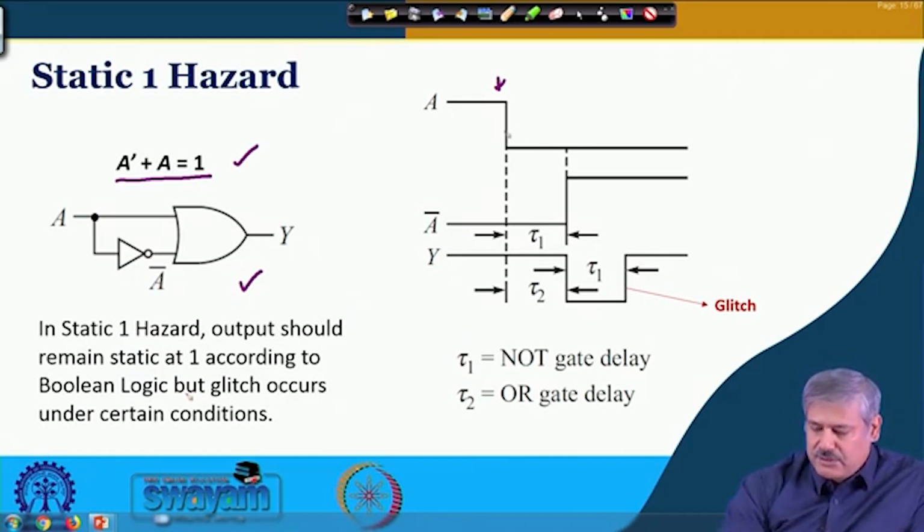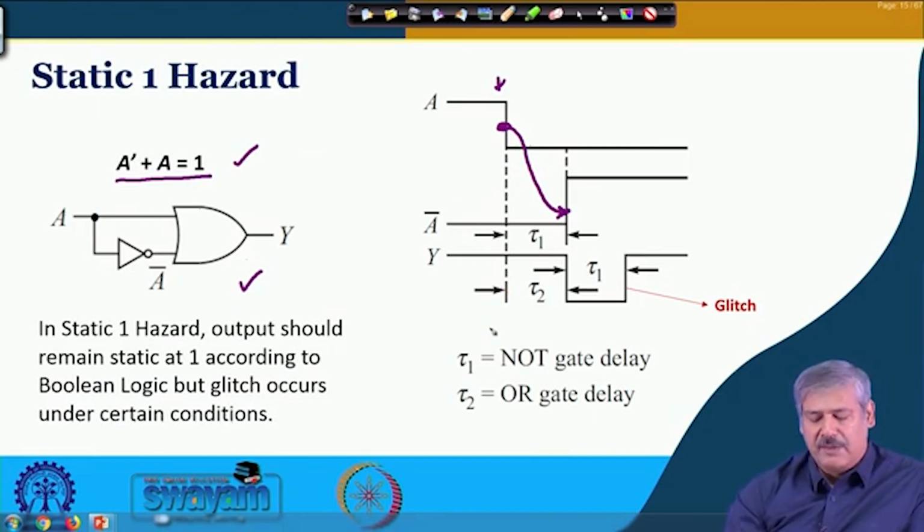So, from this point to this point there is a delay, and momentarily at this point of time, this and this both are low. Because of which the OR gate output, after its own propagation delay, high to low, given by tau 2 over here, will go to low because both of them are low at this point.